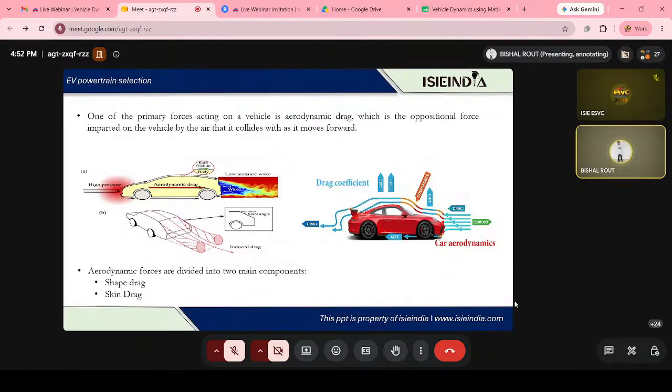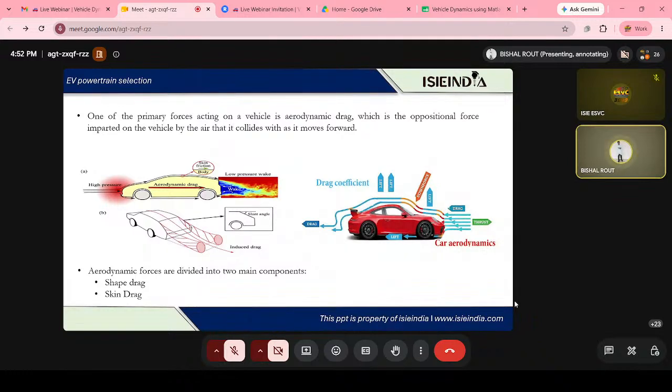The Thar has a boxy shape, so its aerodynamic drag force is high compared to the Baleno, which is more streamlined. The higher the streamlining, the lower the aerodynamic drag. Now the question comes: what are streamlining and boxy? They are nothing but shapes, and the drag that happens because of that shape is called shape drag.